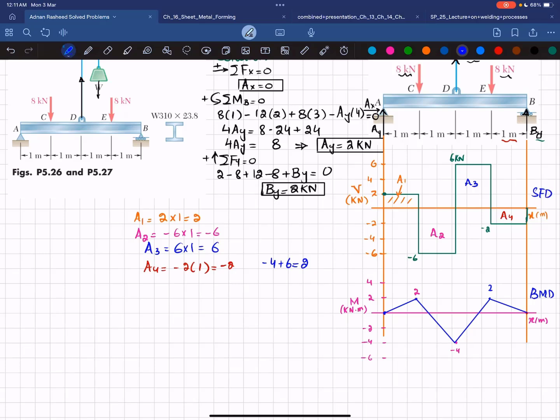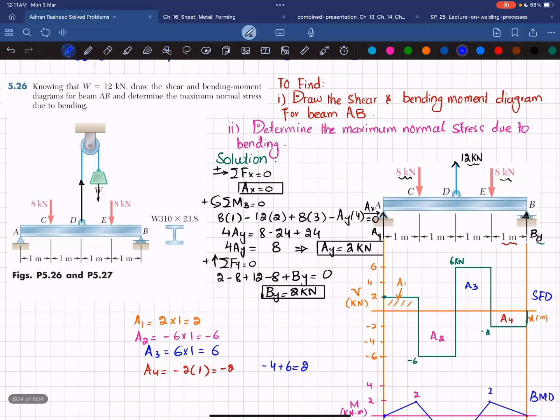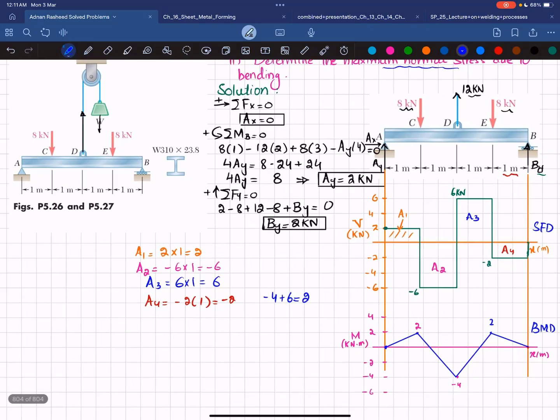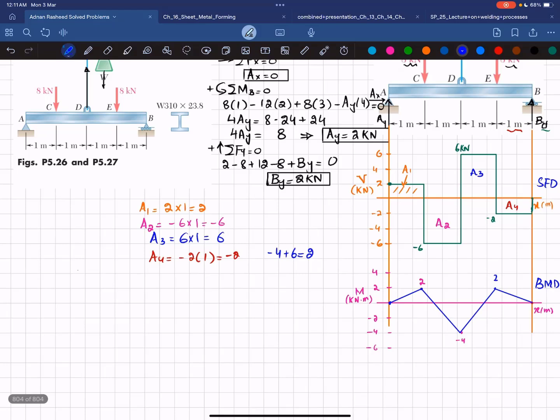Now in second part we have been asked to determine the maximum normal stress due to bending. As we know, maximum normal stress is equal to maximum bending moment mod divided by the section modulus. So you can see here that the absolute value of maximum bending moment is minus 4 kilonewton into meter mod.